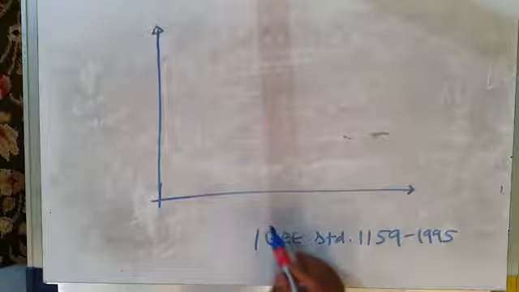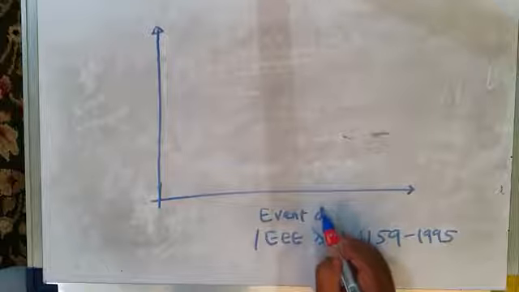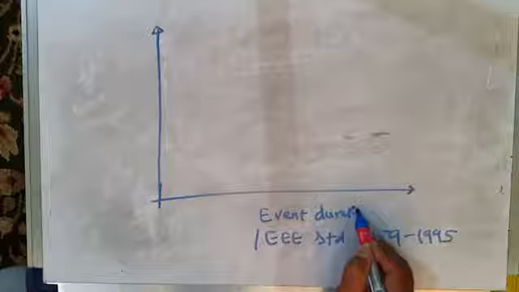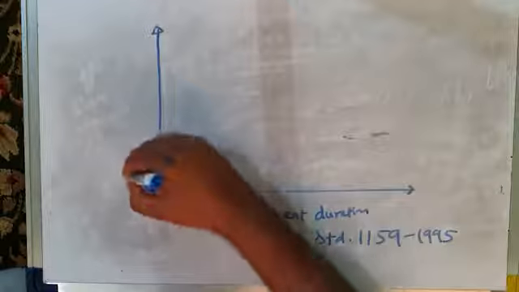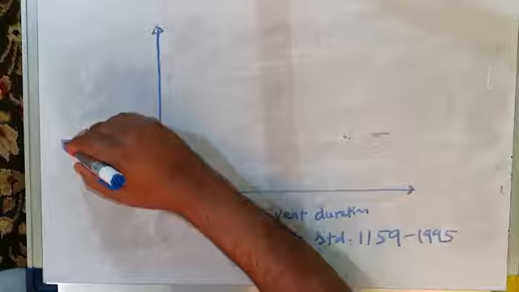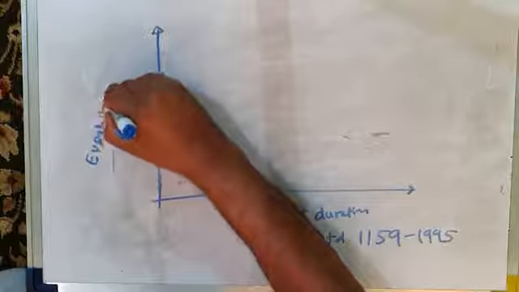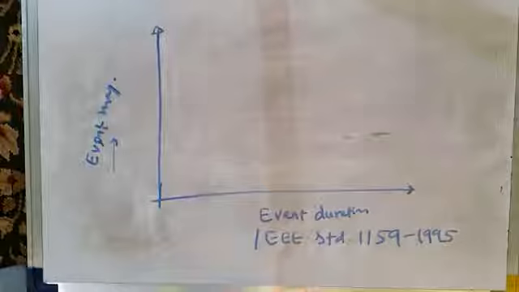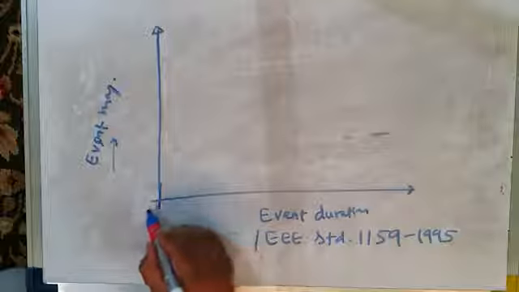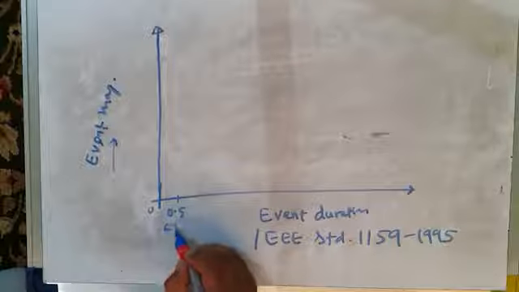So as usual, x-axis is event duration. All the events we will show in this diagram, and y-axis is event magnitude or event amplitude. Now this is 0, this is 0.5 cycle, half cycle as usual.